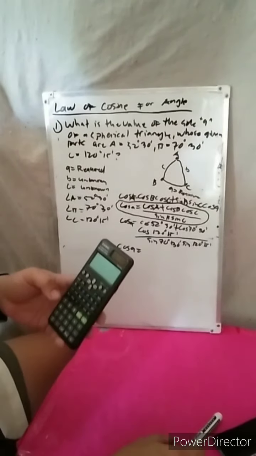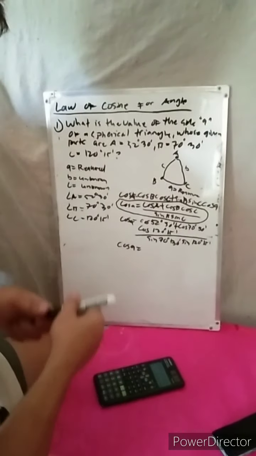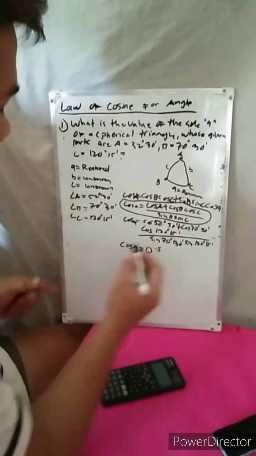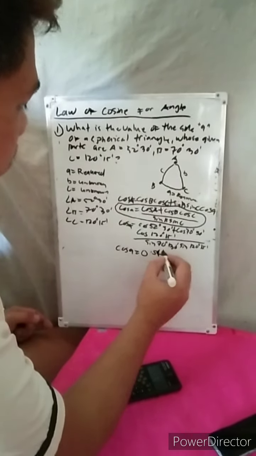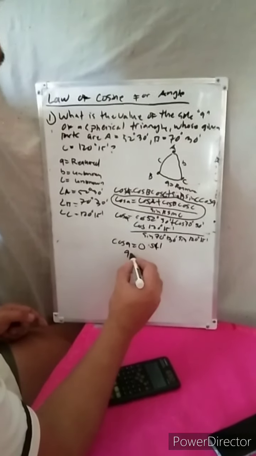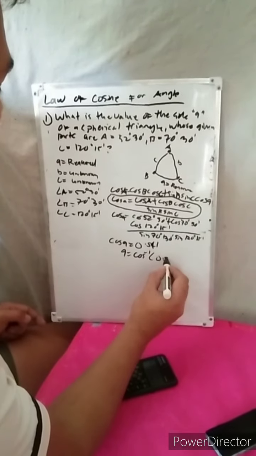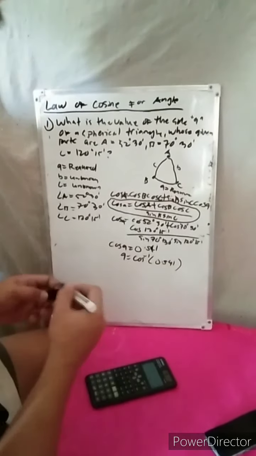So the answer is 0.5041. To get side A, take the arc cosine of 0.5041.